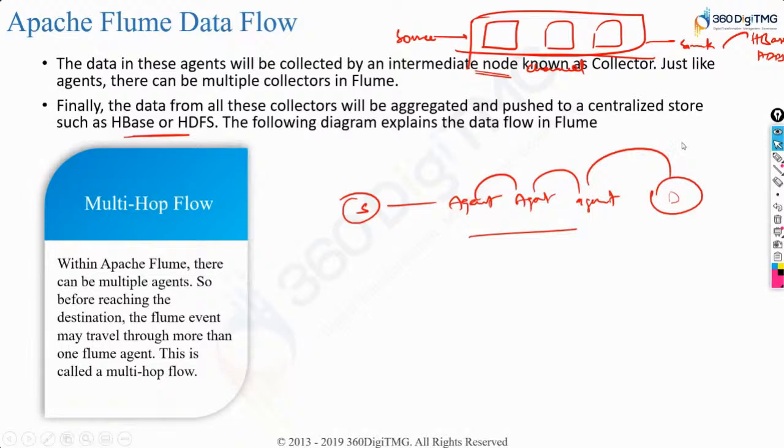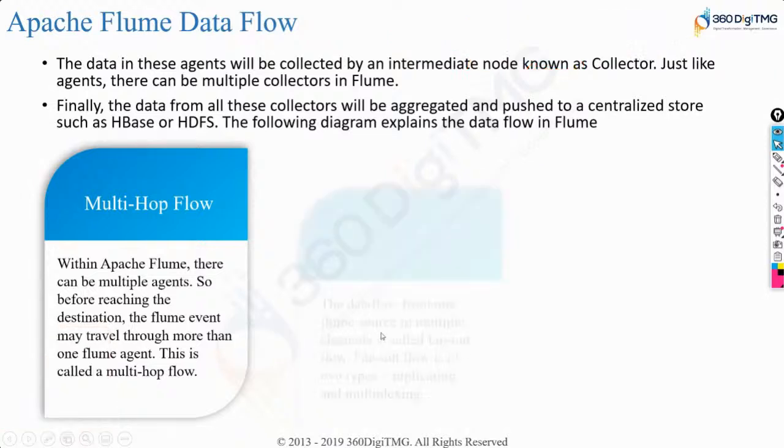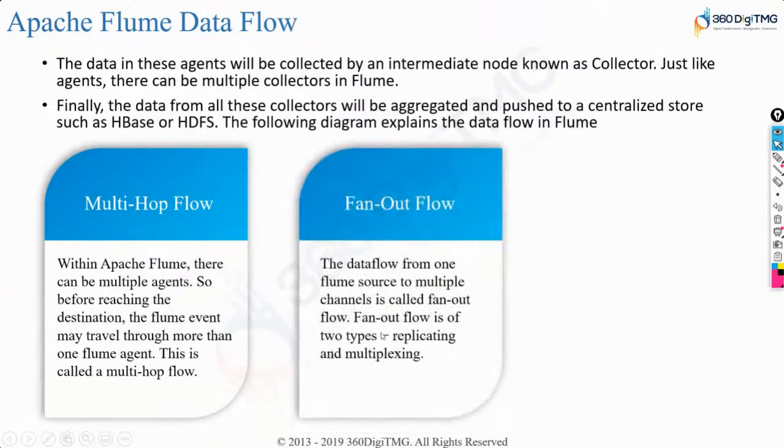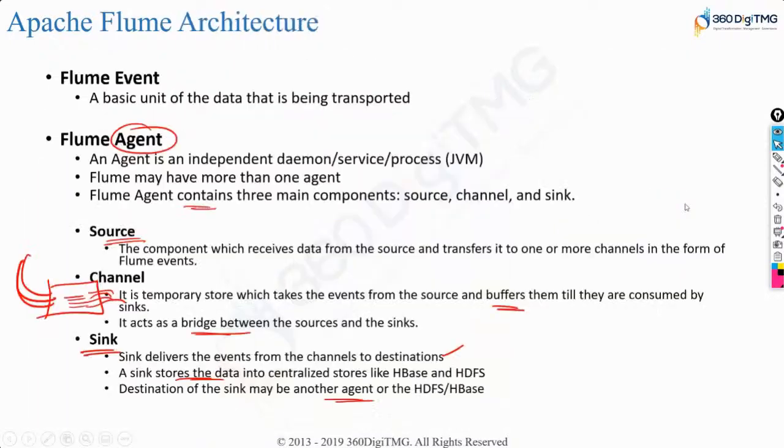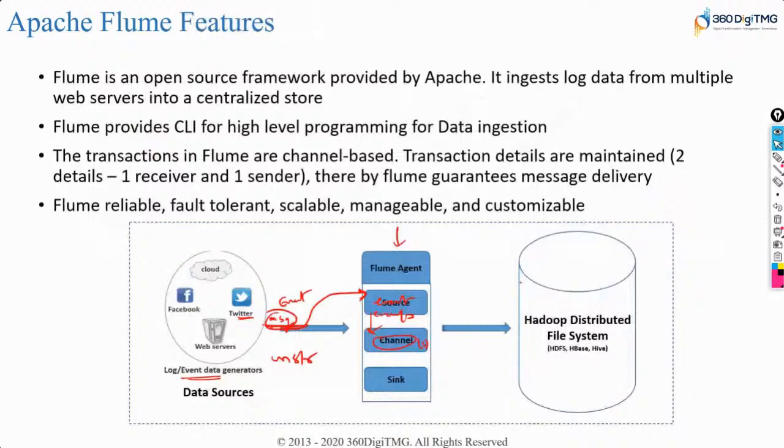Then we have something called fan out flow. Fan out means you will have multiple channels. We don't have one channel, we have multiple channels. In an agent, we can have multiple channels. So you basically have one source, and here you have the agent. In the agent, like what we have seen in the previous image, you have source, channel, and sink.